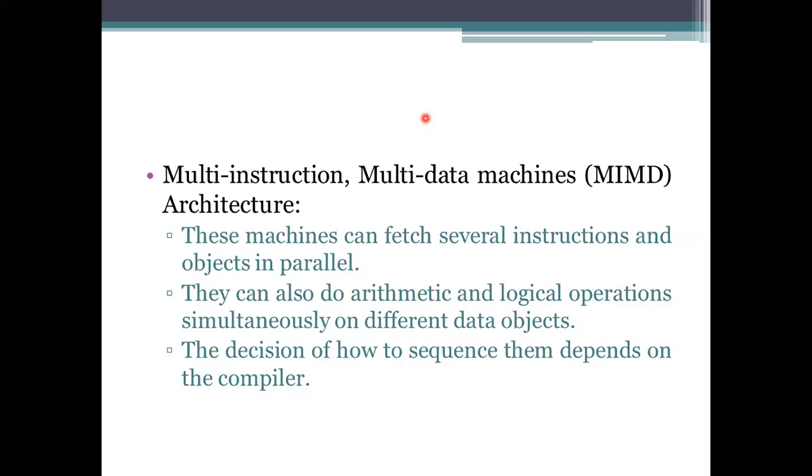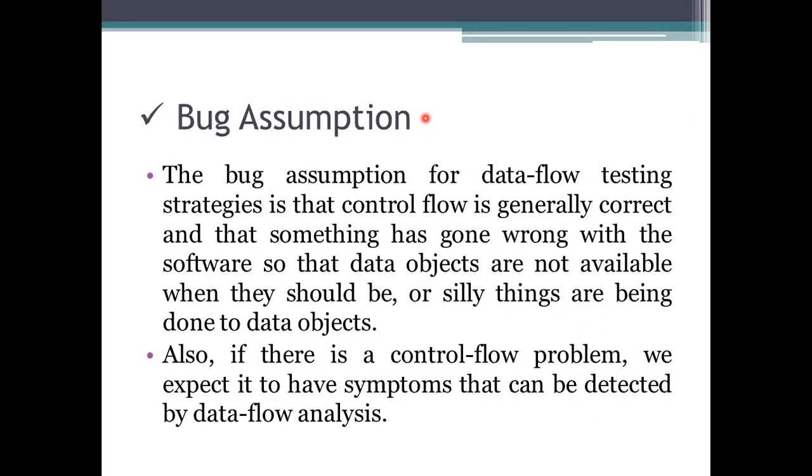It will execute all of them on different data objects, and then it will store the data which has been processed in parallel. First, we need to identify which instructions do not depend on each other, and we need to perform them in parallel. After that, we will compile and get the result there.